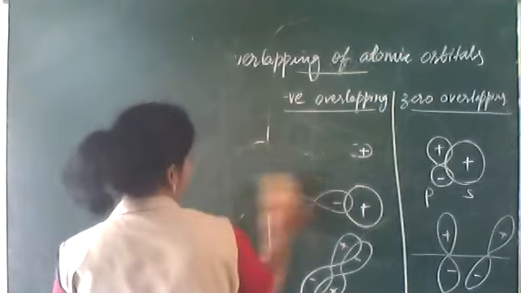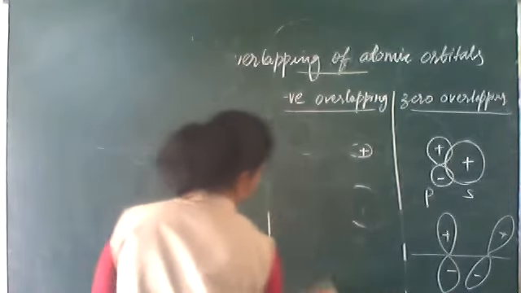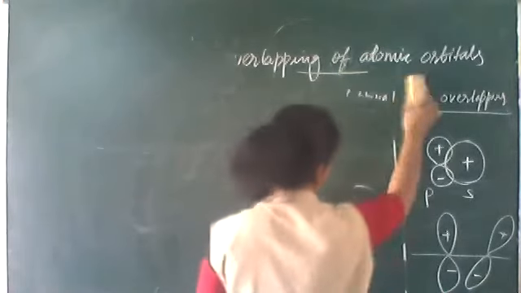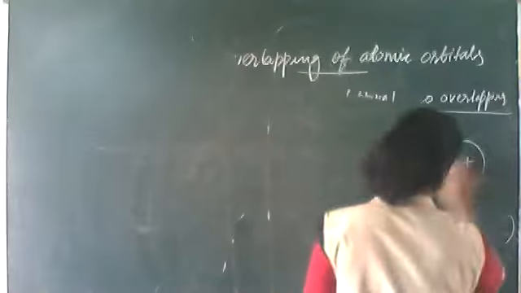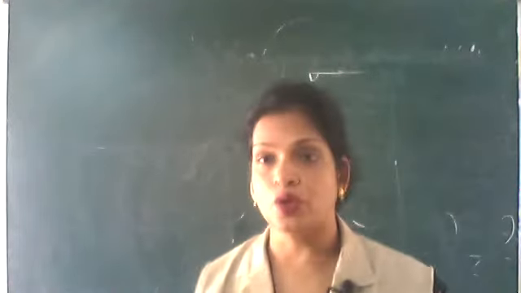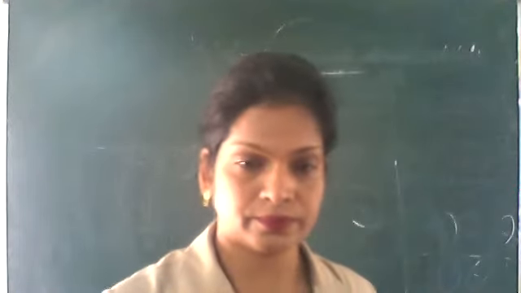So when they overlap, what types of bonds are formed? Heading: nature of covalent bonds.